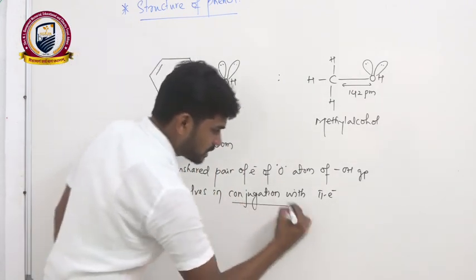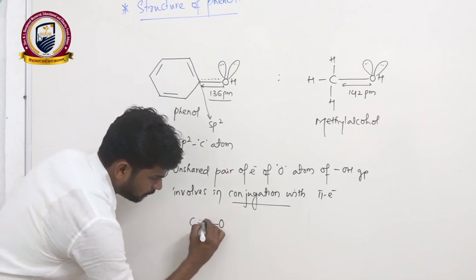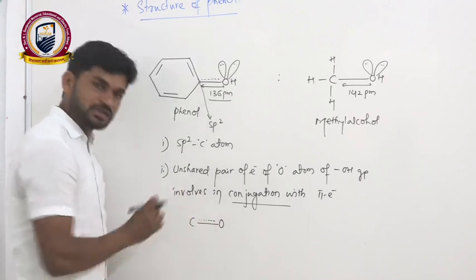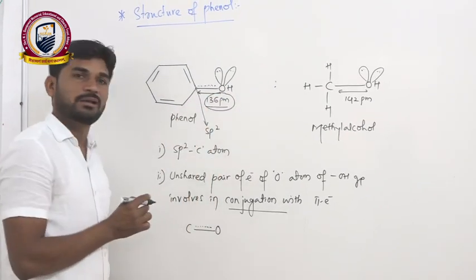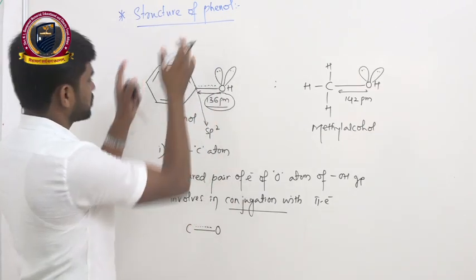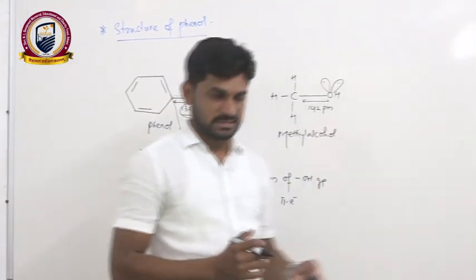So due to this conjugation, carbon and oxygen acquire partial double bond character. This partial double bond character results in a decrease in the bond length between carbon and oxygen, right? So this is the structure of phenols. Let us move on to the properties of these phenols.